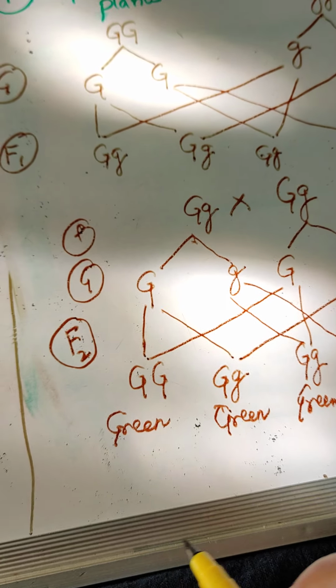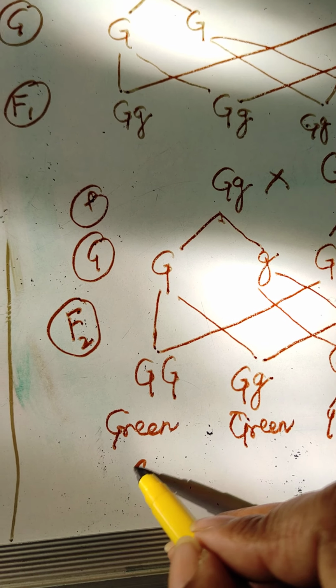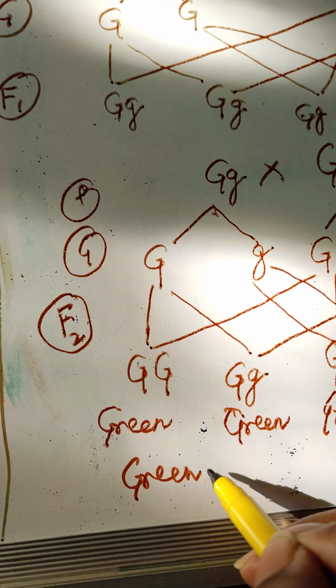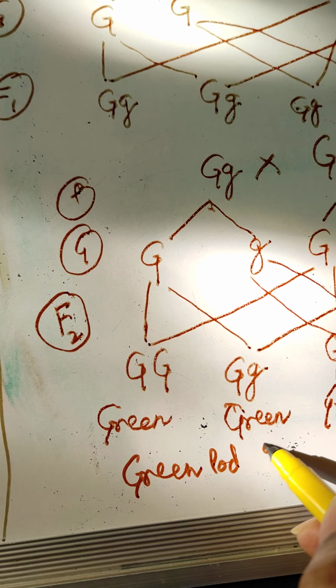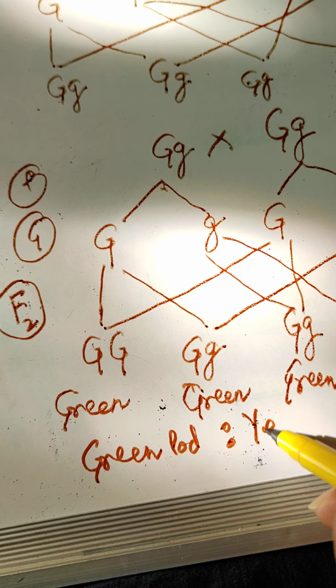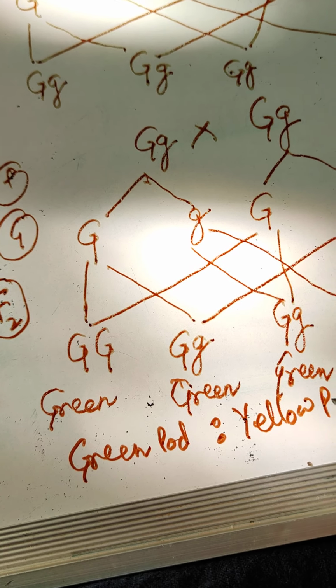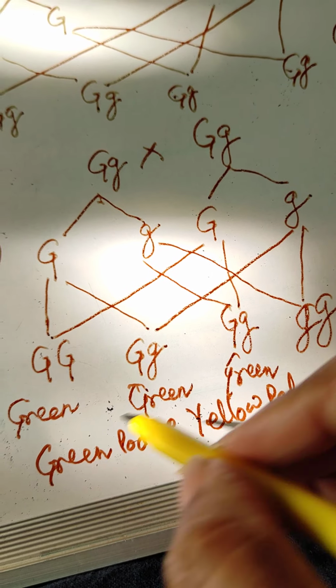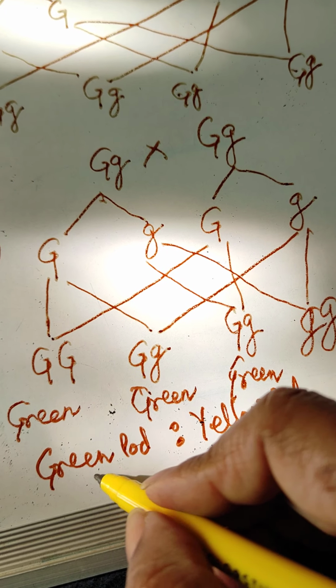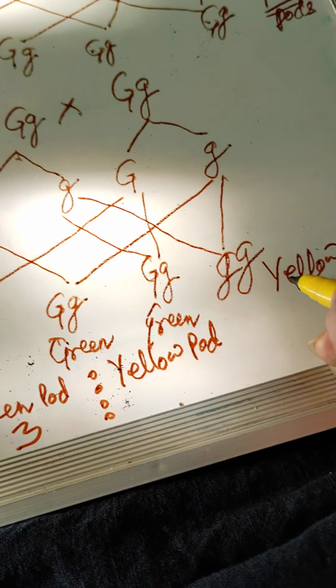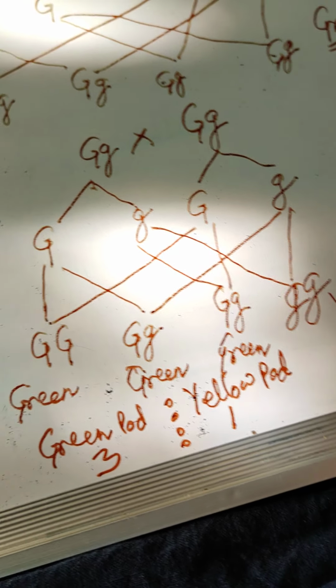So the phenotypic ratio of green pod and yellow pod plants: 1, 2, 3. 3 green and 1 yellow.